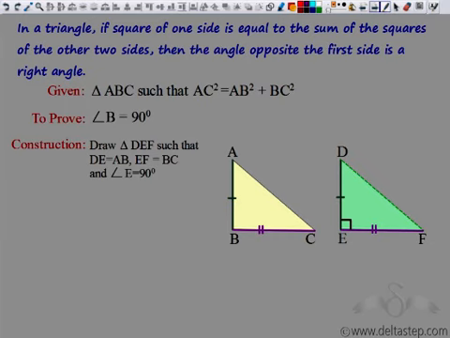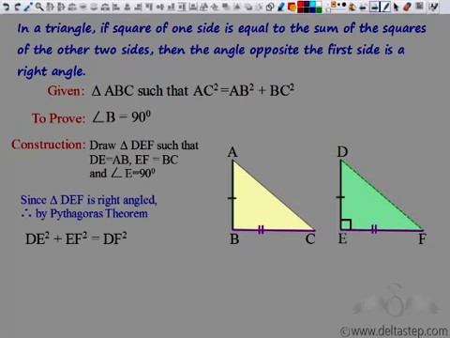So by Pythagoras theorem, I can say that DE square plus EF square, that is the sum of squares of the perpendicular sides, would be equal to the hypotenuse square. Hypotenuse is DF, the side opposite to the 90-degree angle, so that would be equal to DF square.